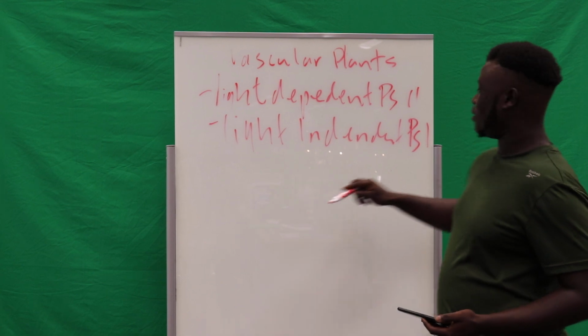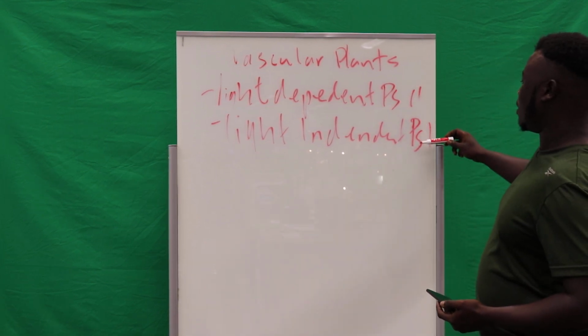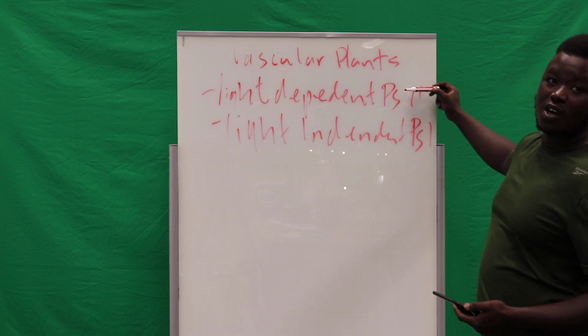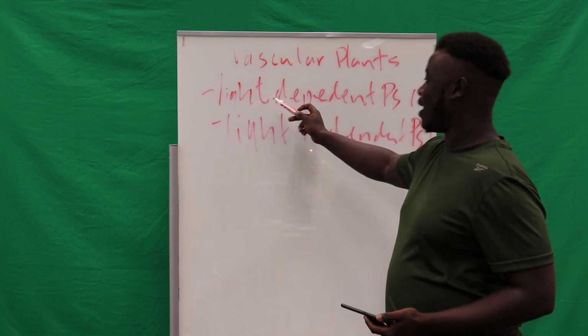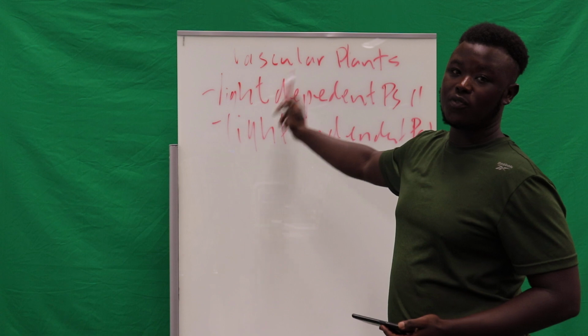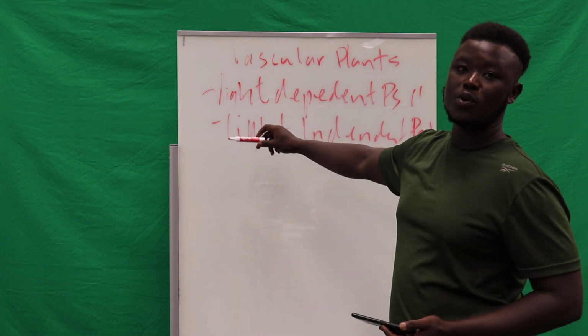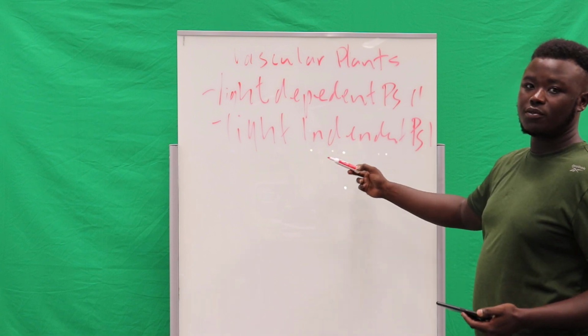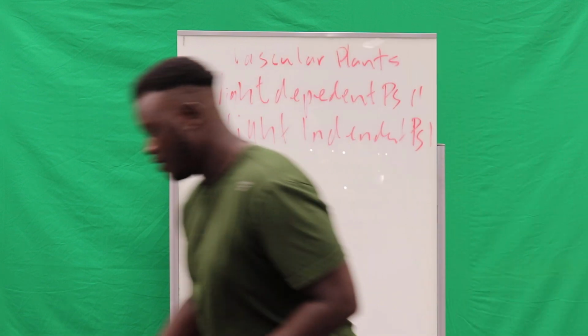So they were named this way because two came first, but one was discovered first, and then two was discovered later. But two happened first. It was just named according to the order of discovery. They first discovered the independent stage before they discovered the light stage.